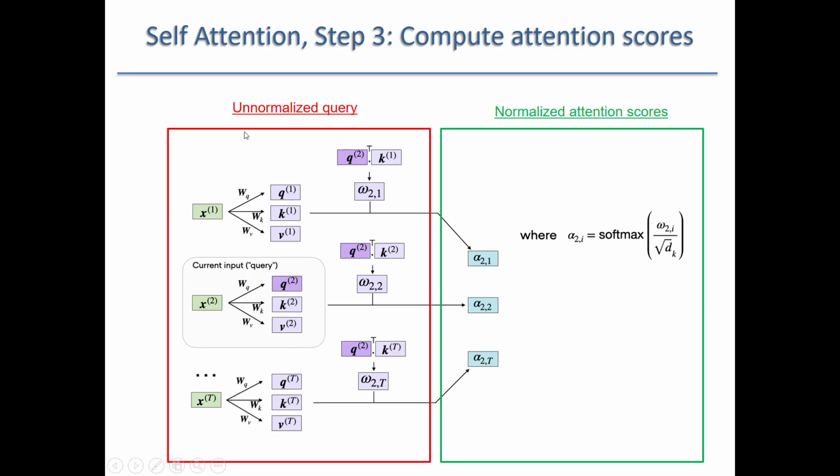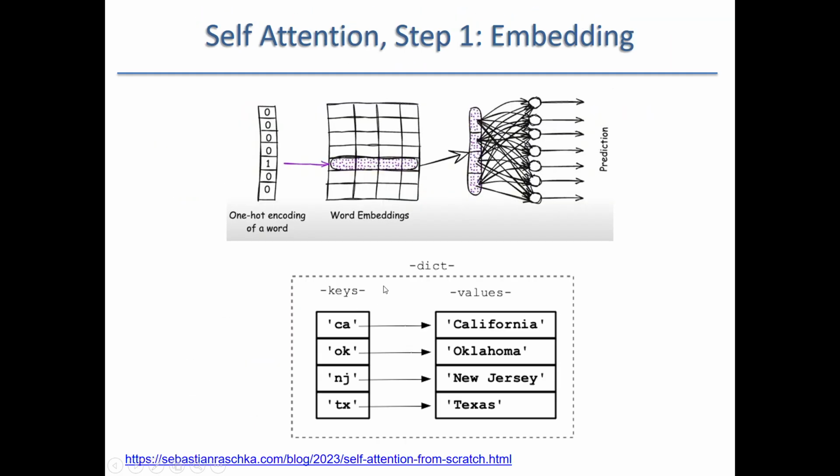This is what we did before. Let's say that this is the word we are interested in now. So we have the query, the key, and the value. Now the query is the query in this dictionary. The keys will now be vectors, they are not labels as here.